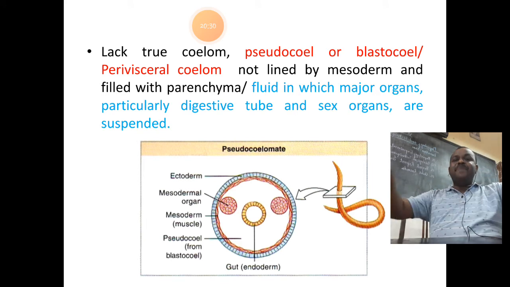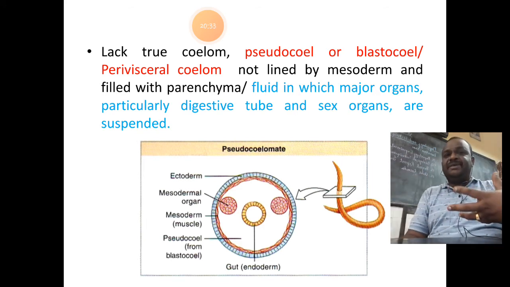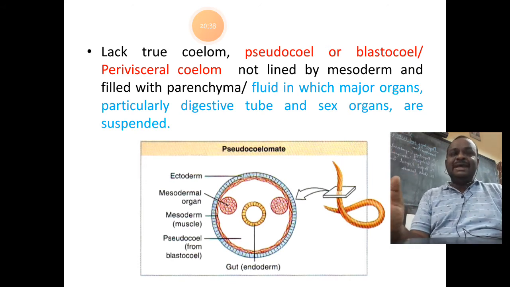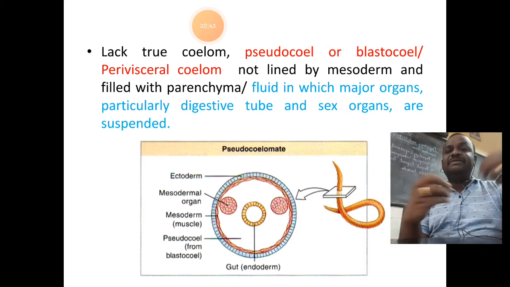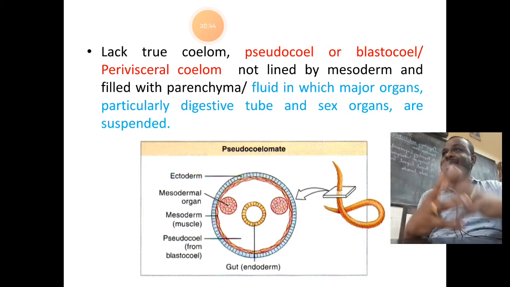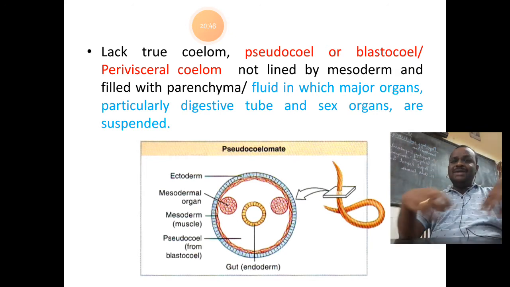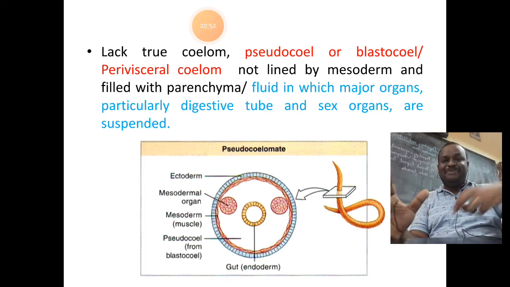This is the space that gets filled with fluid matter. The space is not kept empty. Instead, it is filled with some fluid matter, sometimes even some parenchymatous cells, and in between this fluid matter or parenchymatous cells, you find some of the organs placed.